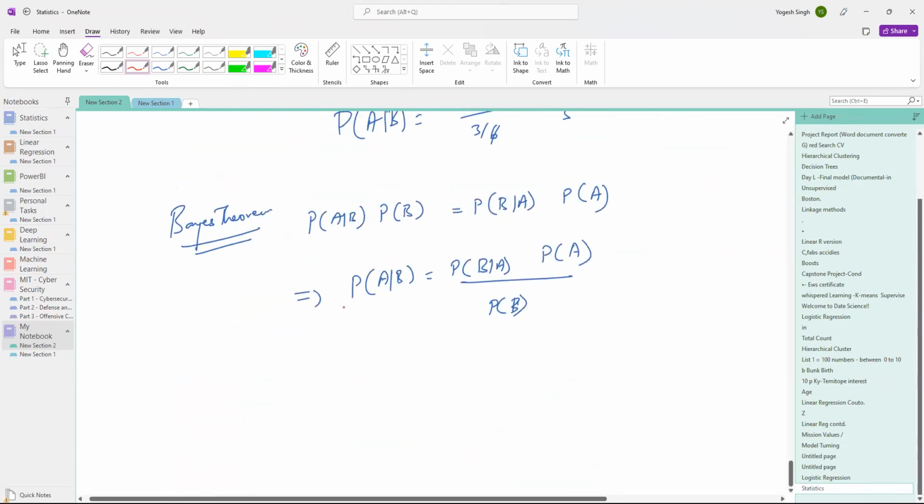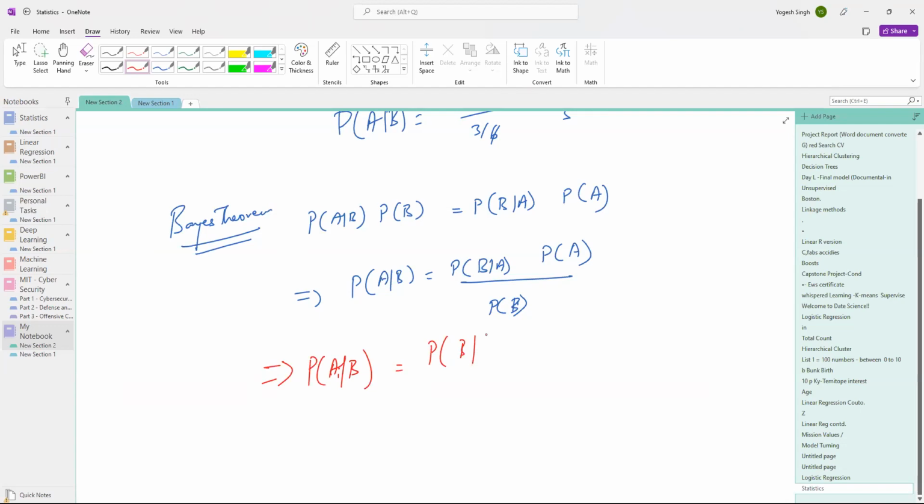Okay. Now this is again taken into a generic form. Probability of A_i given B is equal to probability of B given A_i into probability of A_i divided by the summation over j equal to 1 to N of probability of A_j into probability of B given A_j.